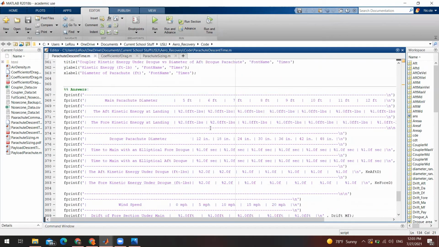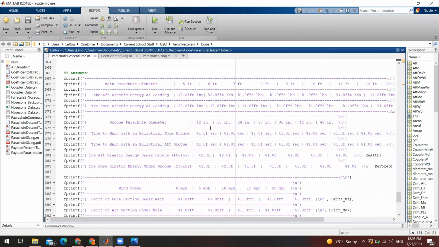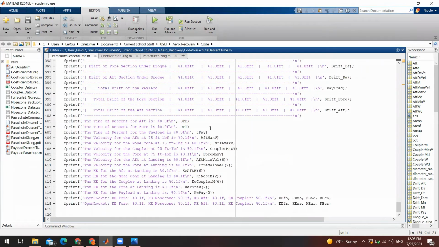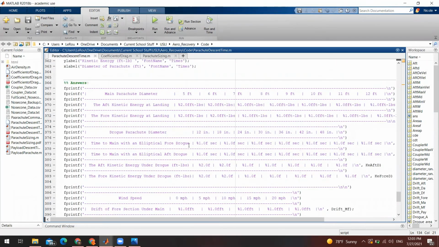And then we have a ton of things that are going to come up in the command window once we're done. So this is all of the answers that I want printed.